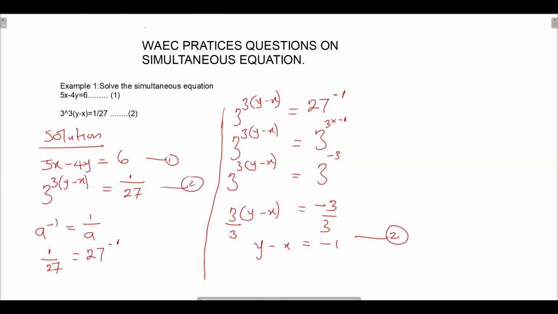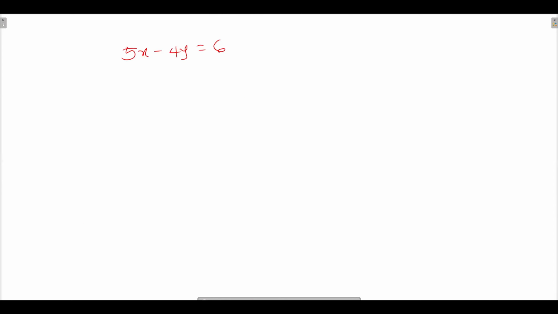And the second one is y minus x equals minus 1. I can rewrite this just to follow the same pattern, because in this one we have x as the first variable, but here we have y. So I can write it as 5x minus 4y equals 6. Now I can say this is minus x plus y equals minus 1.